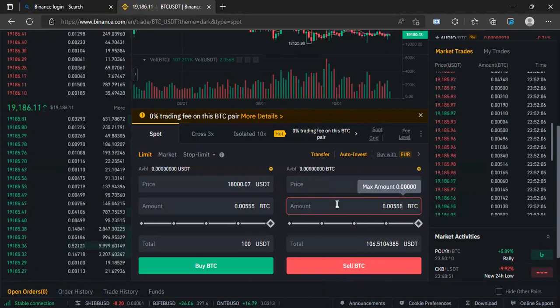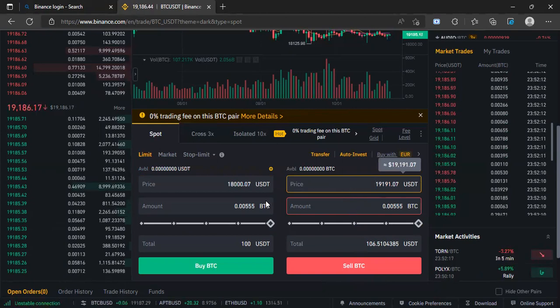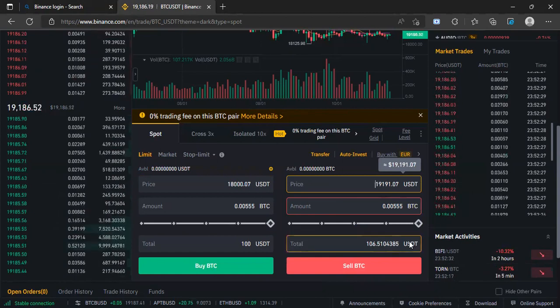What does that mean? In this example, you bought 100 USDT worth of Bitcoin at 18,000, so you got 0.00555 BTC. If you were to sell it at the price it is right now, which is 19,180, you're going to get $106, meaning you're getting a profit of 6%.